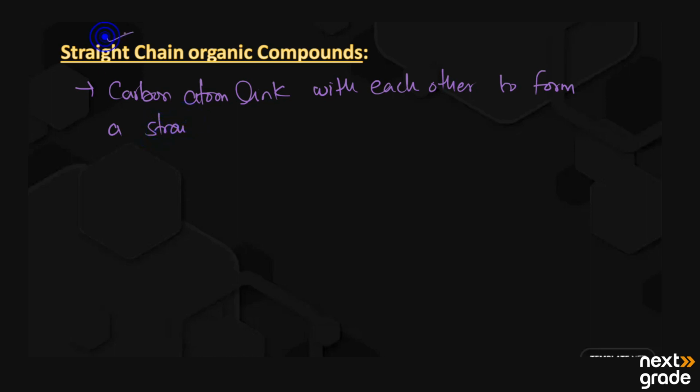It means the carbon atoms link with each other to form the straight chains. So in a straight chain organic compound, there is no branch. They have no branch or sidewise attachment of the carbon atoms, so they have just the straight chain.